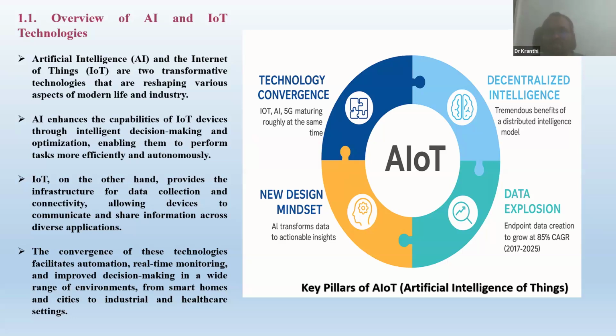And the next one is new design mindsets. Traditional systems capture data passively, because there is no chance of extracting data actively in real time. When we move from one place to another with our devices, they can access nearby devices, and the data we stored previously is no longer available, so every time we need to change it. In contrast, these artificial IoT systems are designed for intelligence from the ground up.